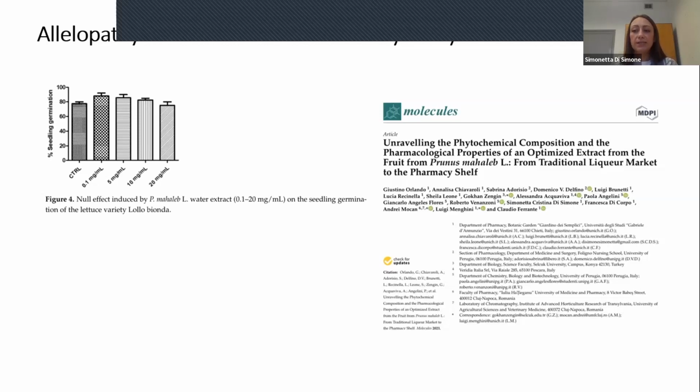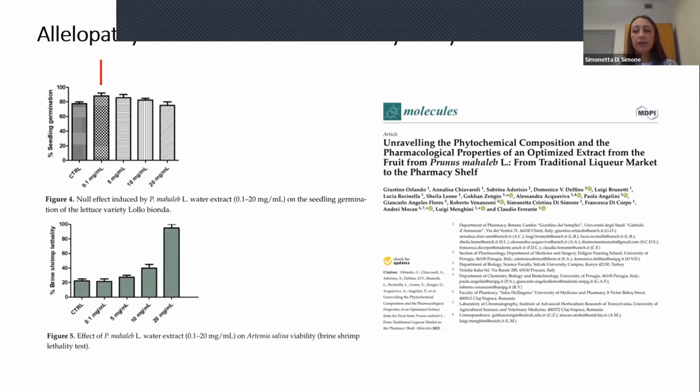After challenging the seeds with the extract, we did not find any significant alteration in the germination process. However, at the lowest tested concentration, we observed a significant root elongation, greater than 10% compared with the untreated control group. All this was considered a signal of biocompatibility.